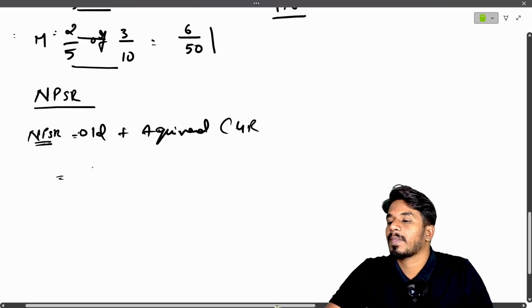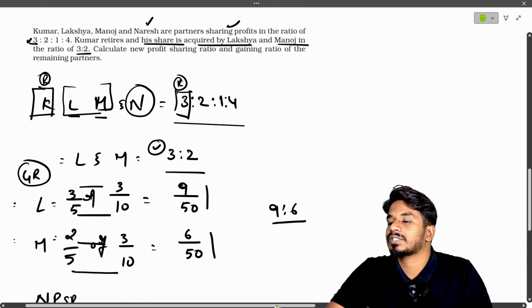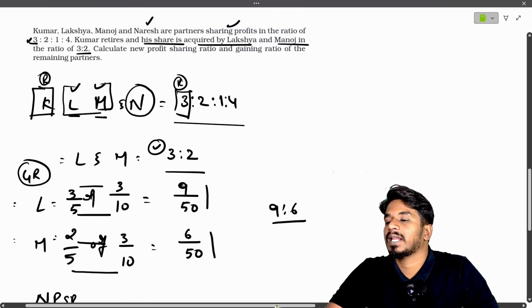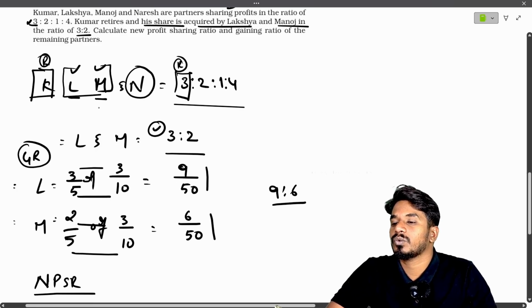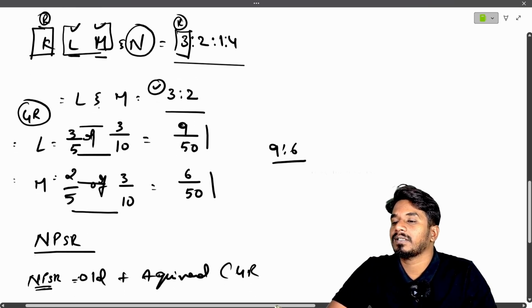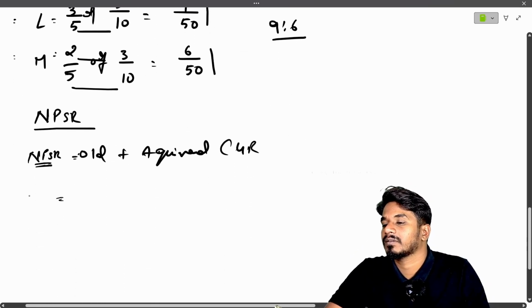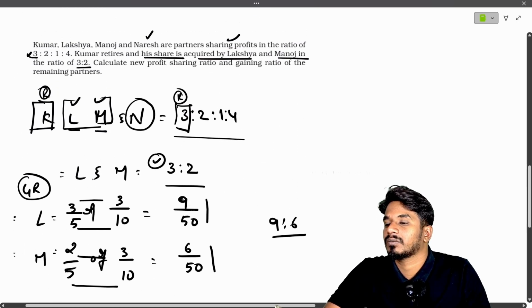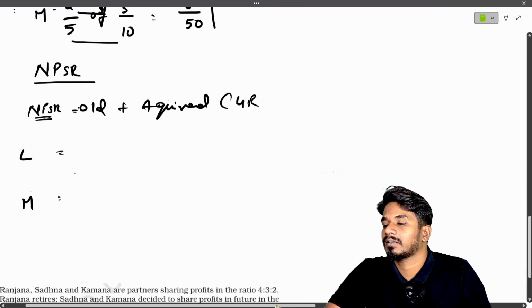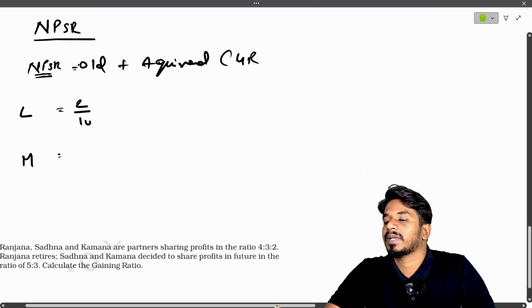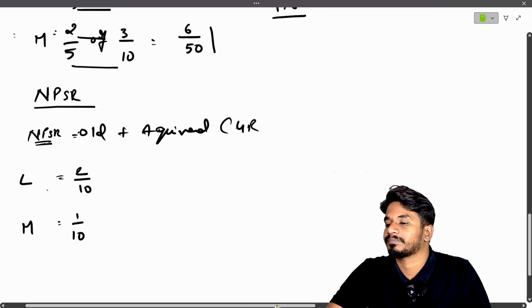What is the old ratio of L and M? It is 2 is to 1. 2 by 10, 1 by 10.